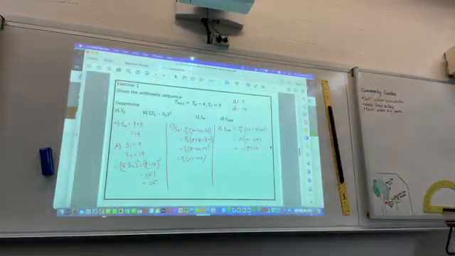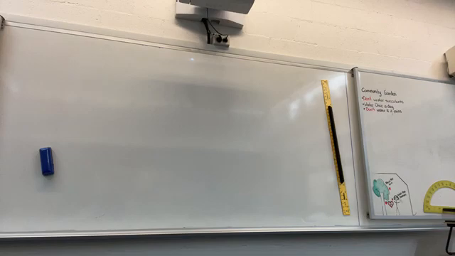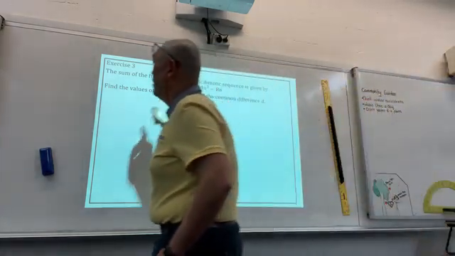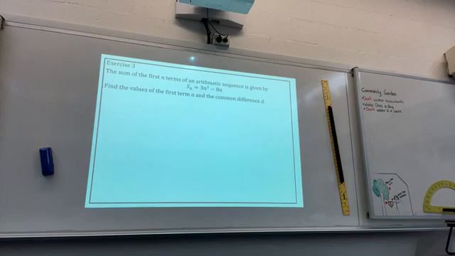Yeah. Alright. I would like you to try 3, please. The sum of the first n terms of an arithmetic sequence is given by this. Find the value of the first term, A, and the common difference. How would you do this? How would you use the information here to work out A and D? Recall I said things about maths. How would you use maths to help you?